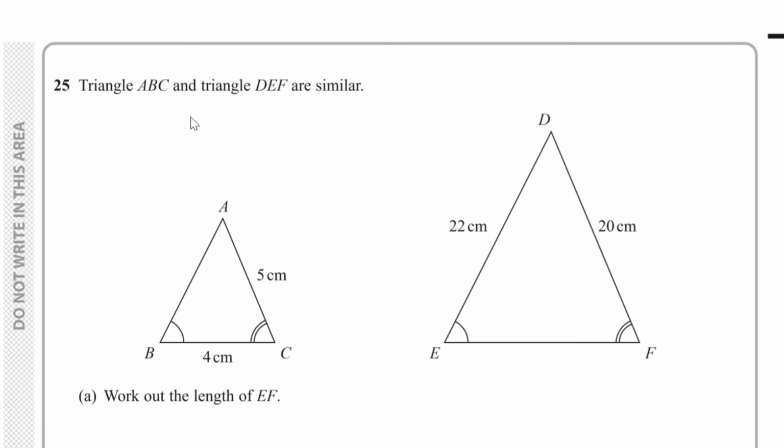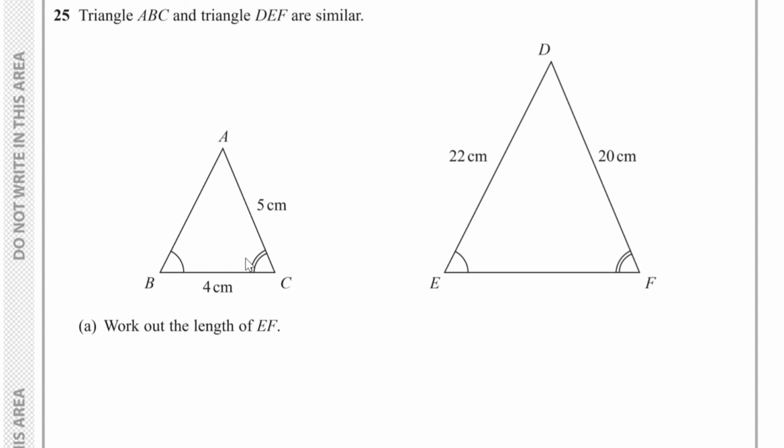Question number 25. Triangle ABC and triangle DEF are similar. For part A, we have to work out the length of EF. The first thing we can do is find out which sides correspond. We can see this side corresponds with this side, this side would correspond with this side, and this side corresponds with this side. Now the first thing we can do is find out our scale factor with our corresponding sides.